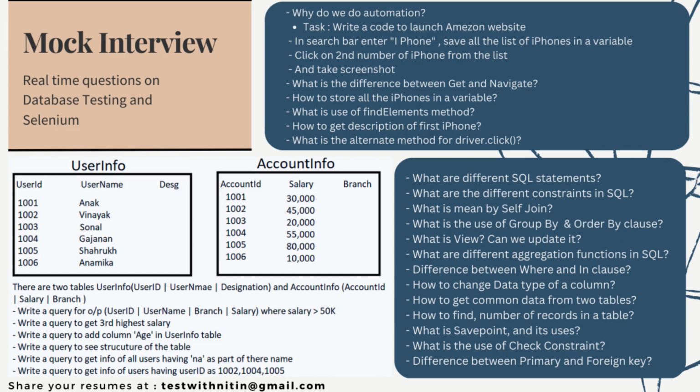So first of all, we have to launch the browser by using System.setProperty, where we pass arguments like the webdriver key and the driver path, and by using WebDriver driver equal to new ChromeDriver.